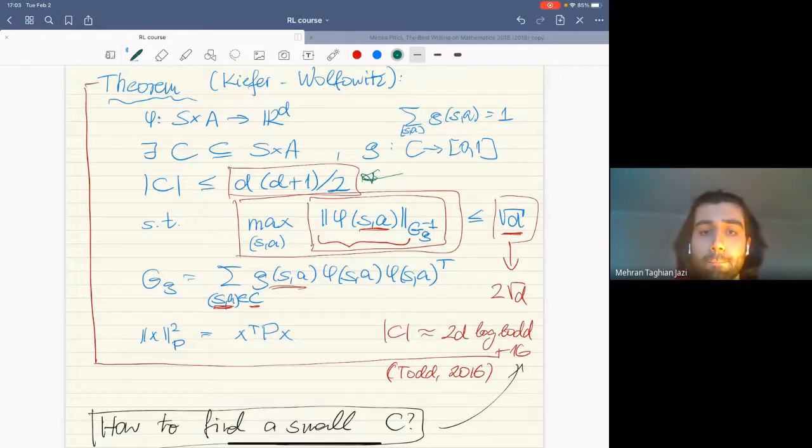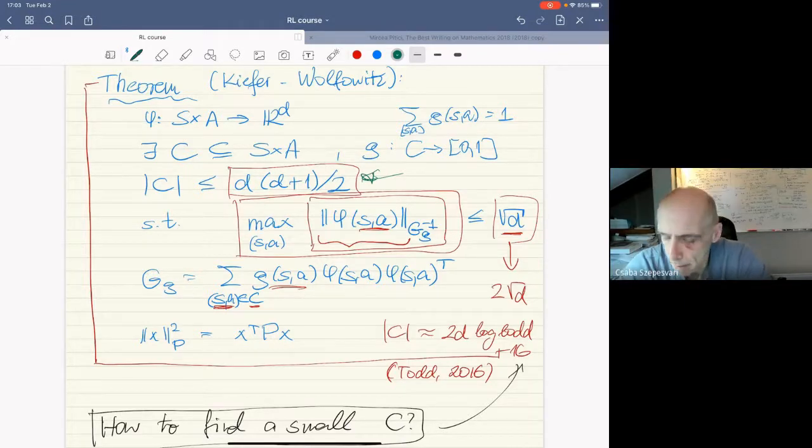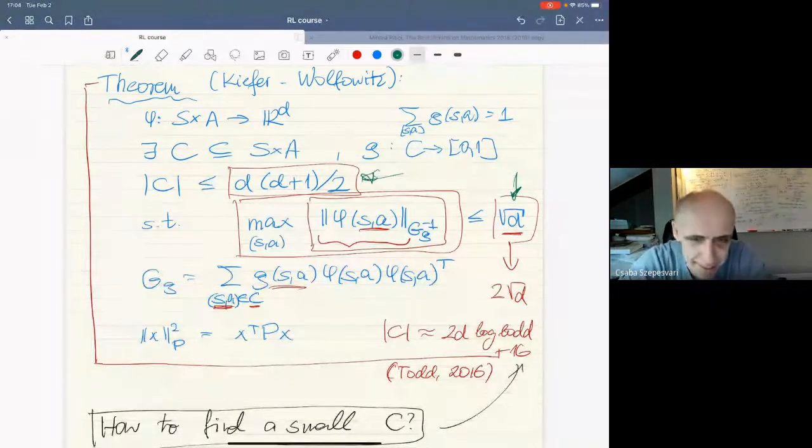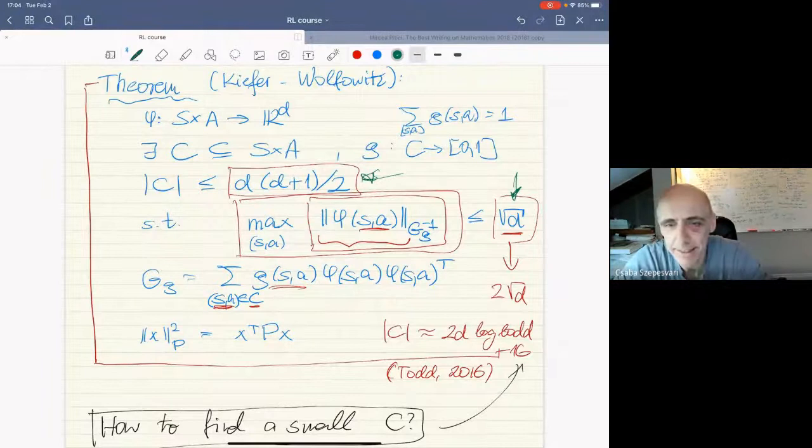Thanks. The part where I said that this square root d is the best possible requires that they are linearly independent, but we don't quite need that. We only need that things are not getting worse than this.